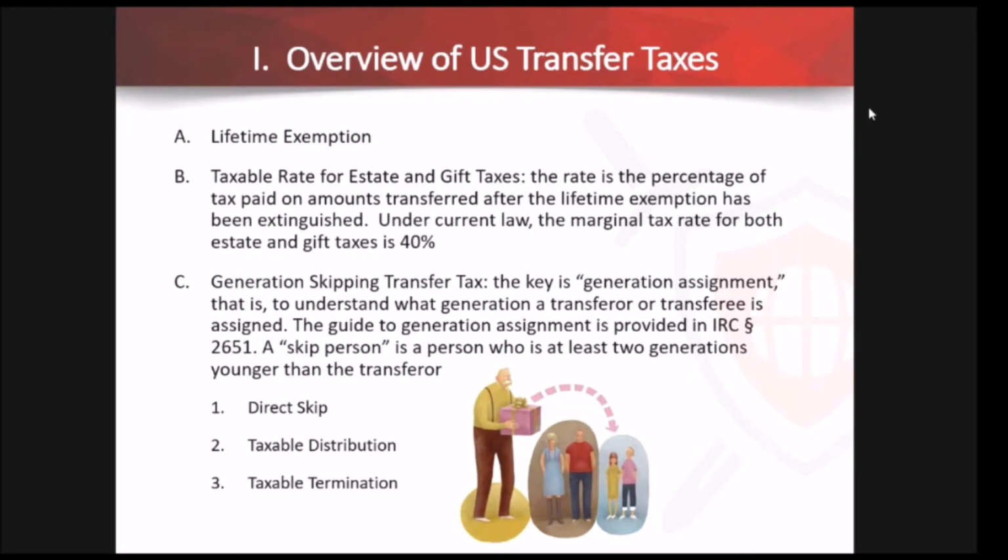A taxable distribution is sort of the same thing, but typically this comes from a trust or estate at that time to a skip person. And then finally, a taxable termination. That would be when an estate or trust completely terminates and a distribution is made. The credit is applied, and if anything is above that, then you would pay the tax on it, in addition to the normal estate tax.